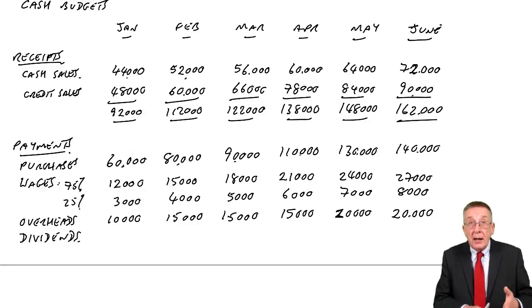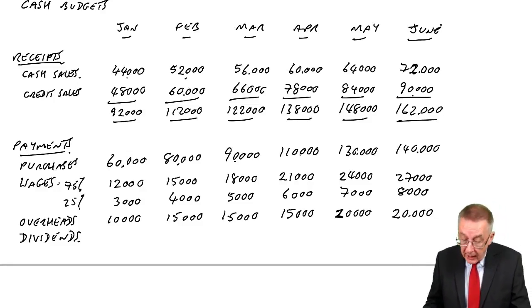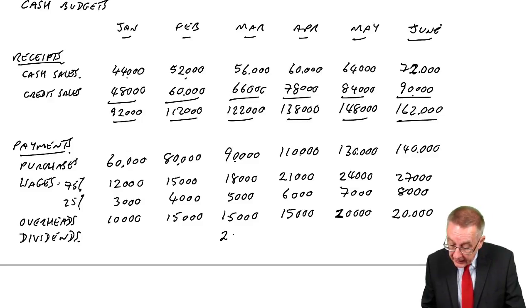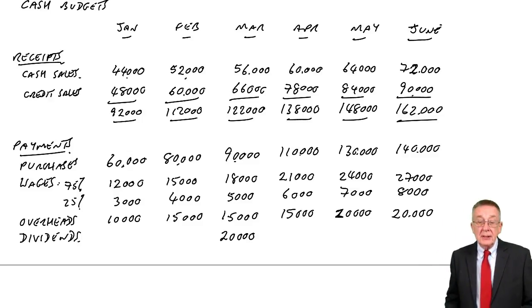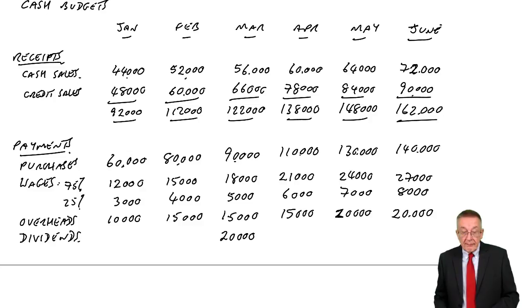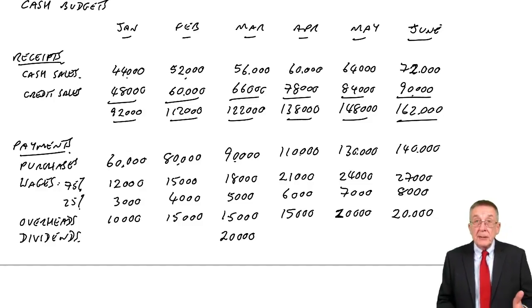January, February, March. So in March, we'll be paying that dividend of 20,000. There's another dividend of 40,000 in June, but if it's declared in June, it's not going to be paid until July, August, September. Well, we're only doing the forecast up till June.